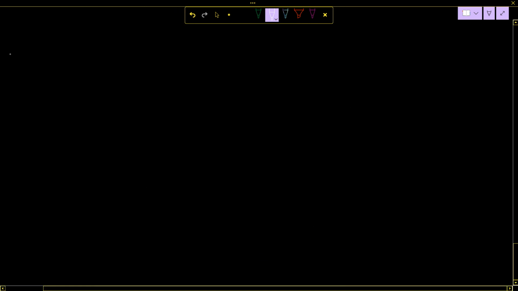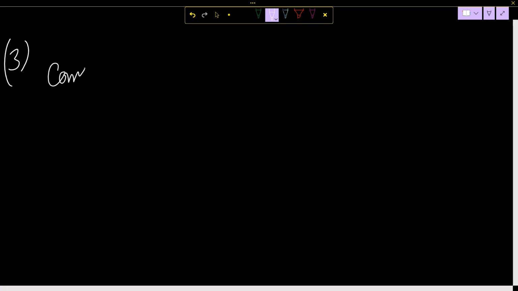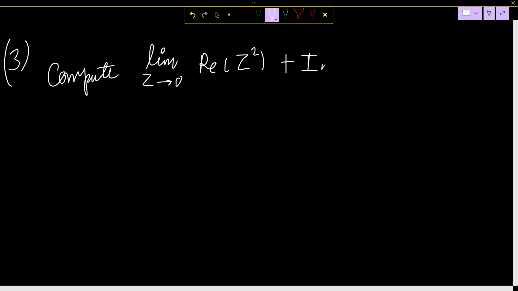Okay then. Next question, question number 3. Question number 3 is compute the limit z tends to 0 of real part of z square plus imaginary part of z square divided by z square, is equal to how much?